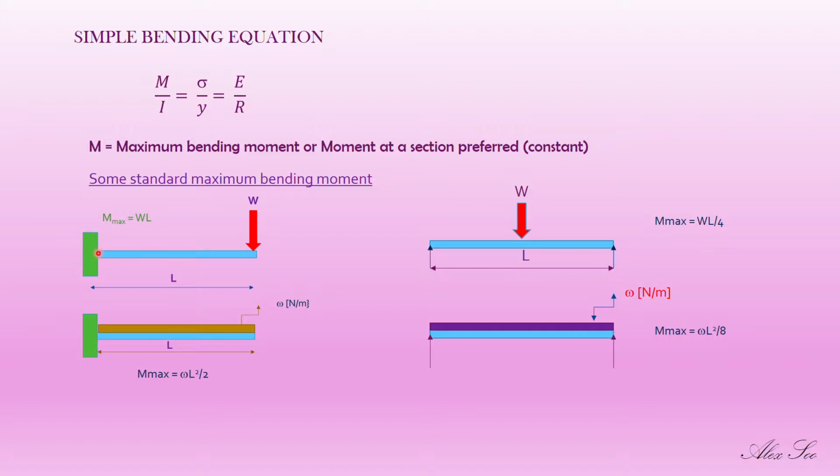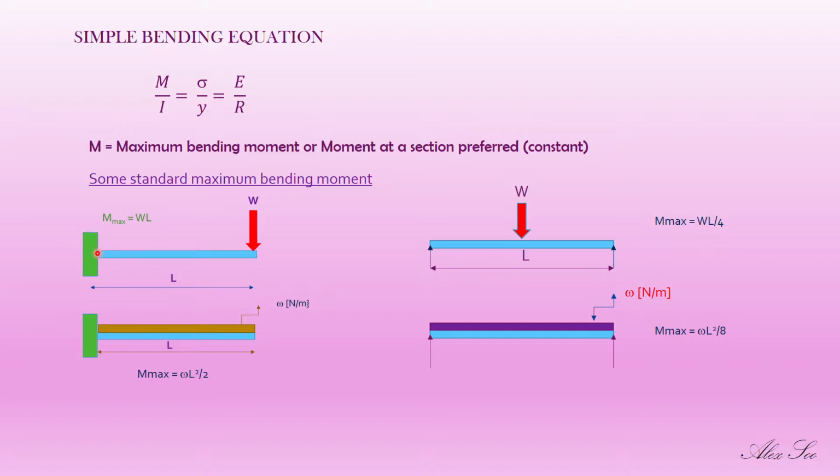When you take the moment at this point, about the fixed end, you have to take the force W multiplied by the perpendicular distance, that means the 90-degree length, from the reference point or the fixed point to the point where the load is acting. That gives you the length.